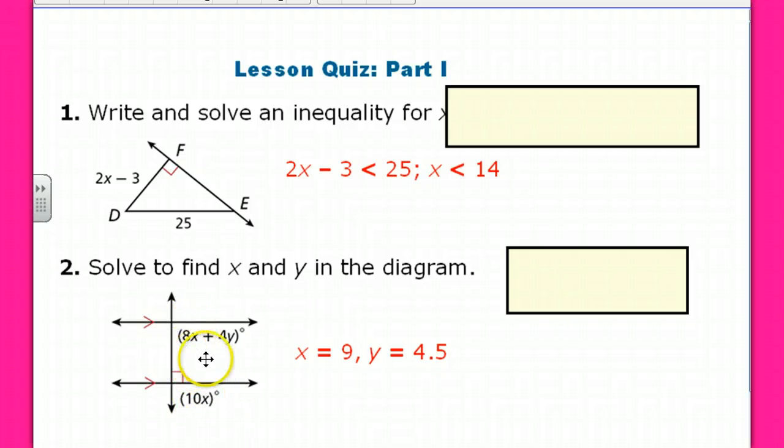So if x equals 9, we can simply substitute that here, and this entire expression equals 90 as well, right? Okay, so these little arrowheads prove that we have parallel lines here, so now we know that these are corresponding angles, right? Without that, without these two lines here, even if it looks parallel, we can't say that it's given that it's parallel. This is given that it's parallel because of those arrowheads.